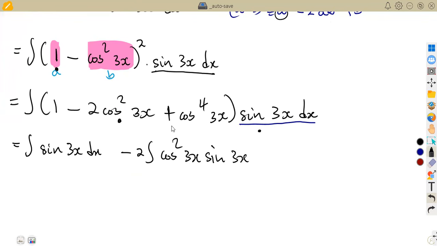We do the same thing: plus the integral of cos to the exponent of 4, 3x times sine of 3x. Everything with respect to x. So we are integrating each and every part with respect to x.